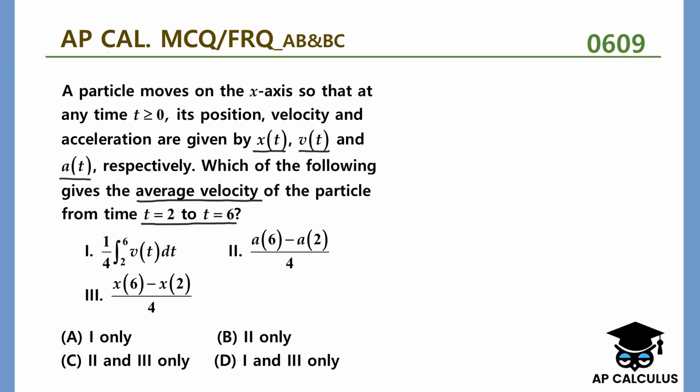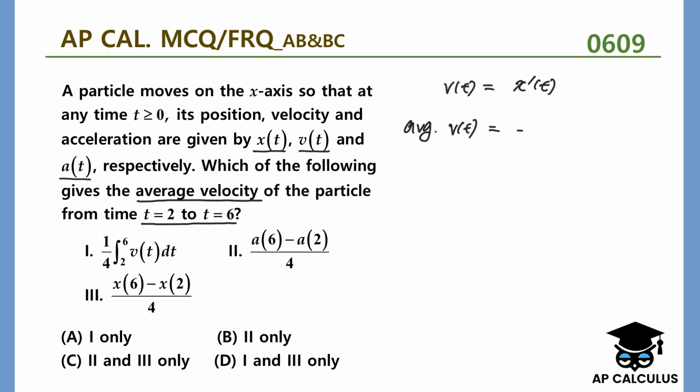Okay, we know that velocity is x prime of t, right? The slope of the tangent line. Especially when the question is asking us to find average velocity, that's going to be equal to the slope of a secant line that passes through when t is equal to 2 and t is equal to 6, right?